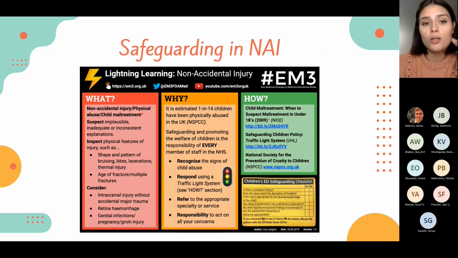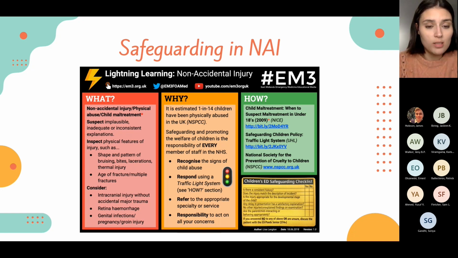Just a brief touch on safeguarding in non-accidental injury, because I know I've mentioned it a lot already in this presentation, and obviously fractures are a really common thing that you'll see in the context of non-accidental injury. So this is a really helpful summary. I'm sure you all know by now, but this EM3, not company, but group of people that put these together, are really helpful.